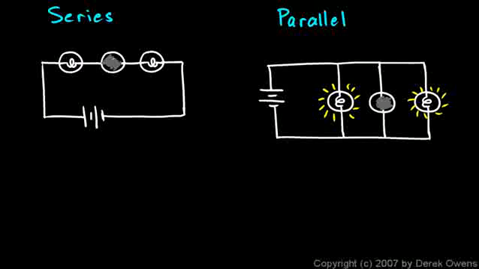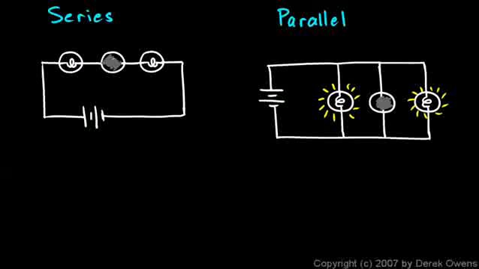And so that bulb goes out. But the other 2 bulbs remain lit. You can see that electrons can still form a complete circuit right there, and they can still travel through the 3rd bulb like that, right there. It's only that one branch that's compromised by the breaking of that bulb. The other 2 will continue to light.